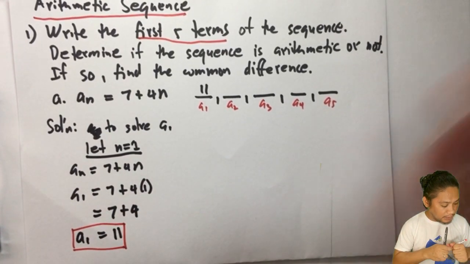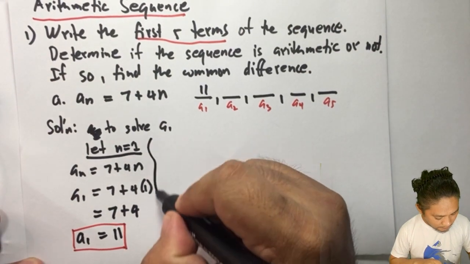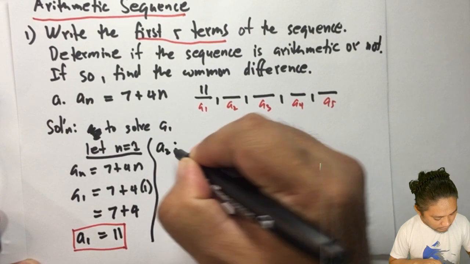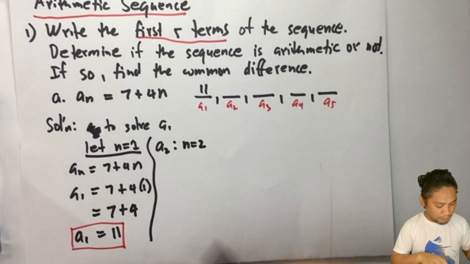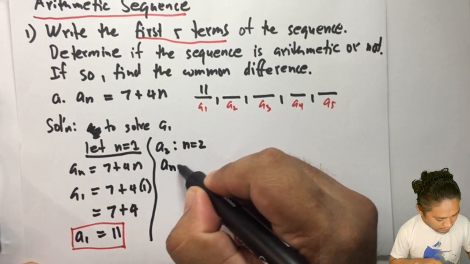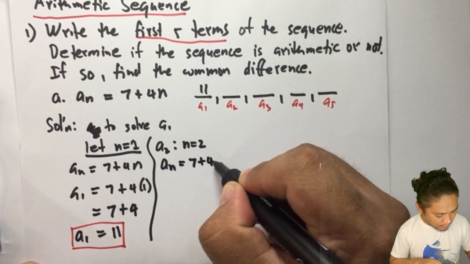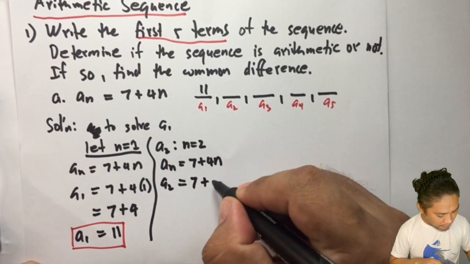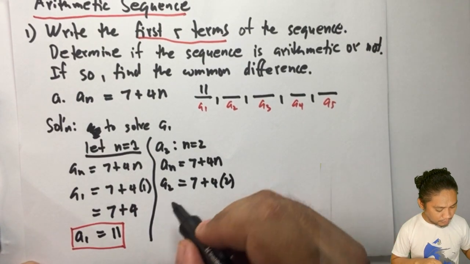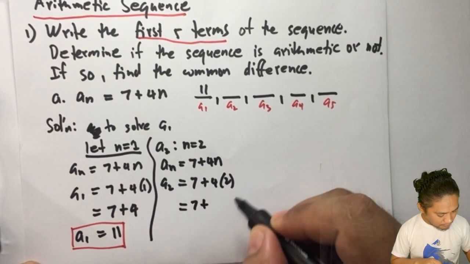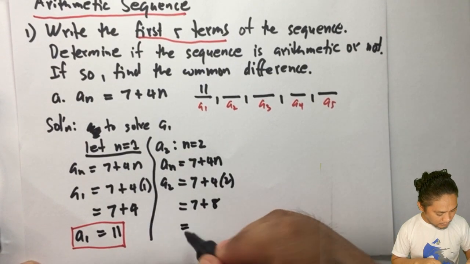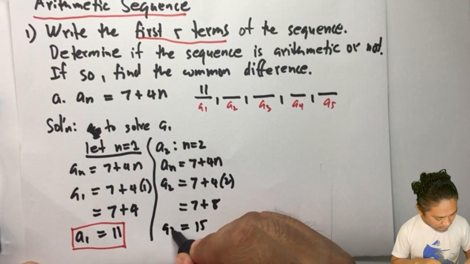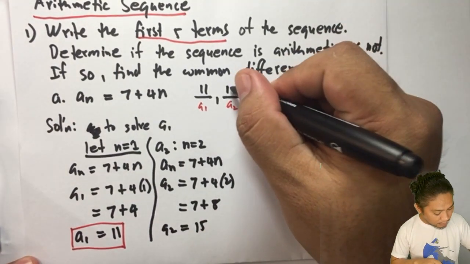Doing the same process, to solve for a sub 2, we let n be 2. So using the same formula, our a sub 2 is 7 plus 4 times 2. So 4 times 2 is 8, and 7 plus 8 is 15. So our a sub 2 is 15.